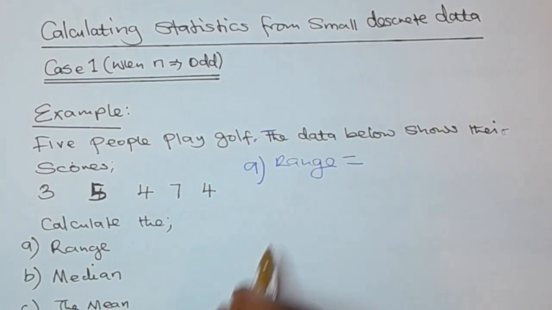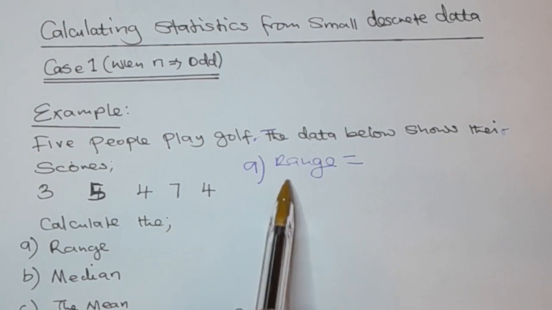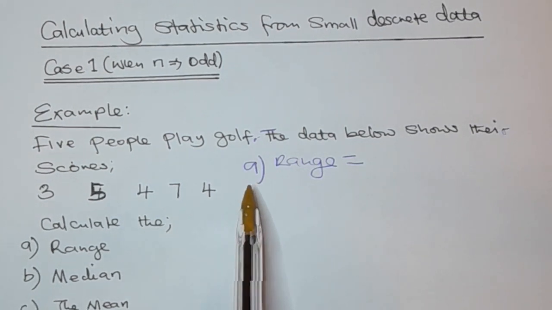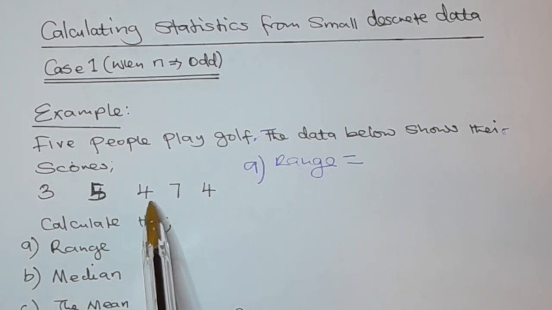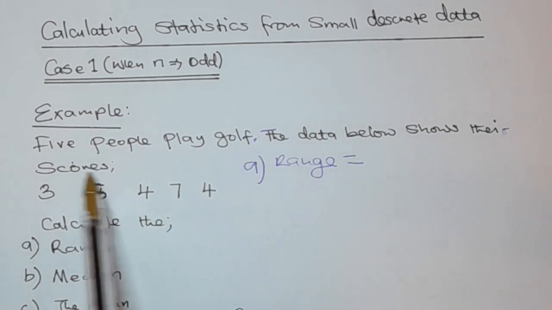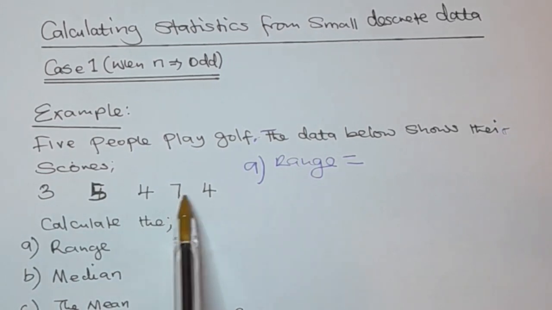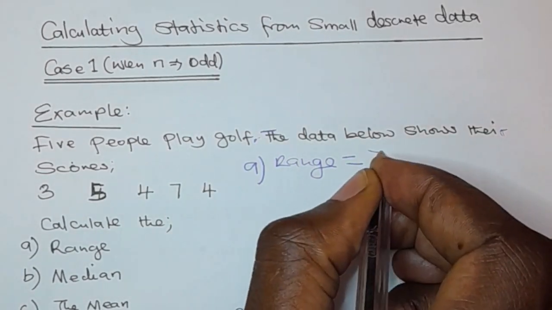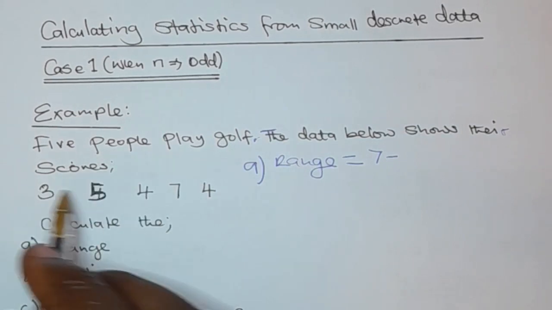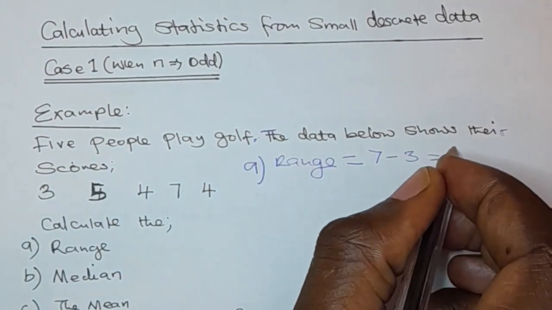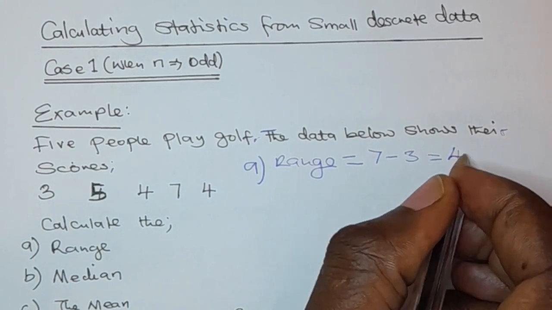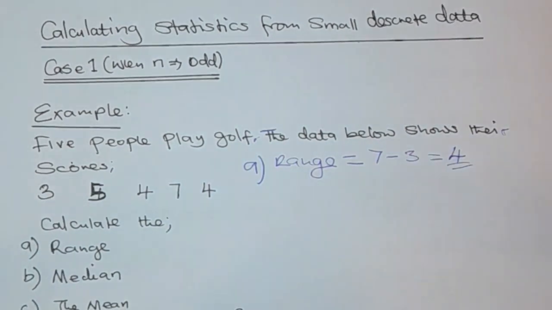The range is the difference between the largest value among these and the smallest value. The largest value here is 7, so the range is 7 minus the smallest, which is 3. 7 minus 3 is 4. So the range is 4.